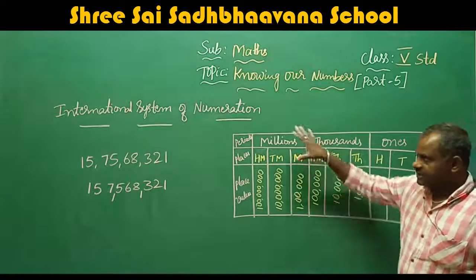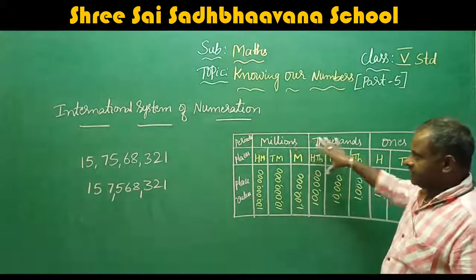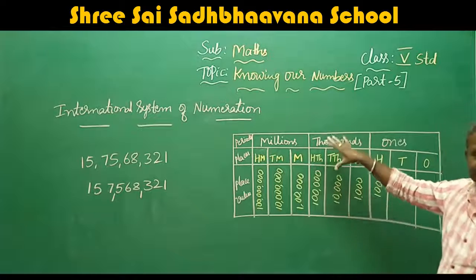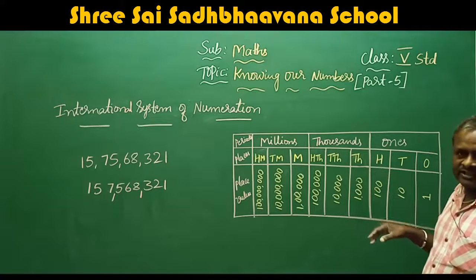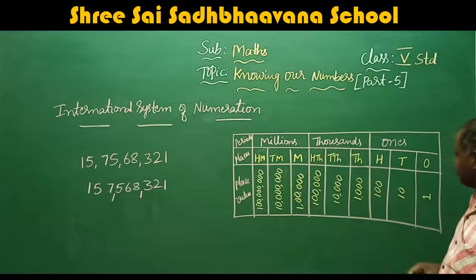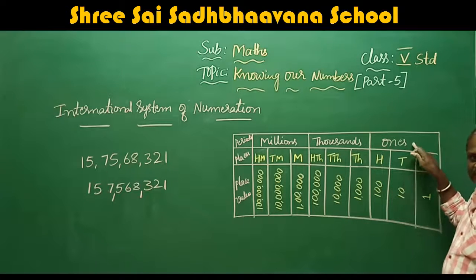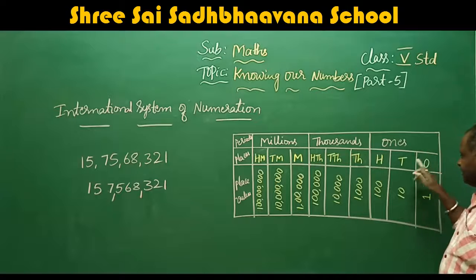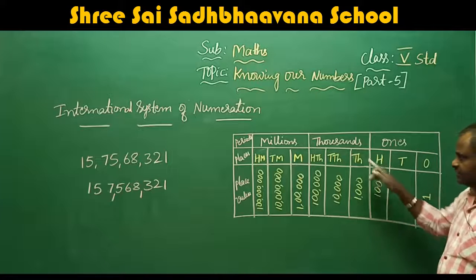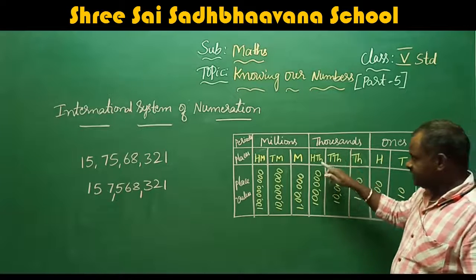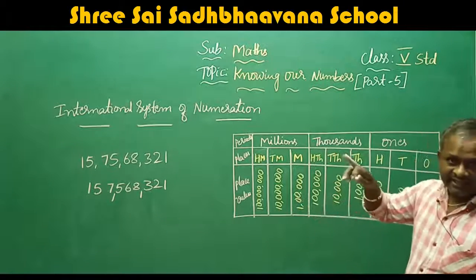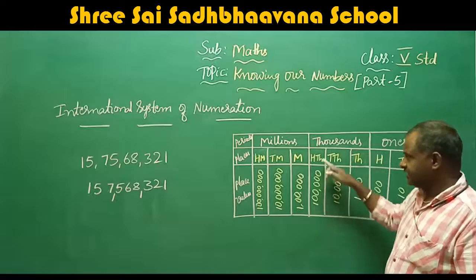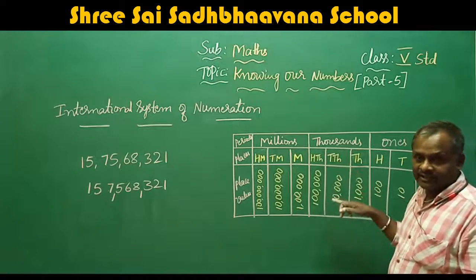How the numbers are distributed, what the period table looks like in the international system of numeration: first come the ones, that is 1, 10, 100, same. Then 1,000, 10,000, and here 100,000 will come. In the Indian system it is 1 lakh, but here it is 100,000.